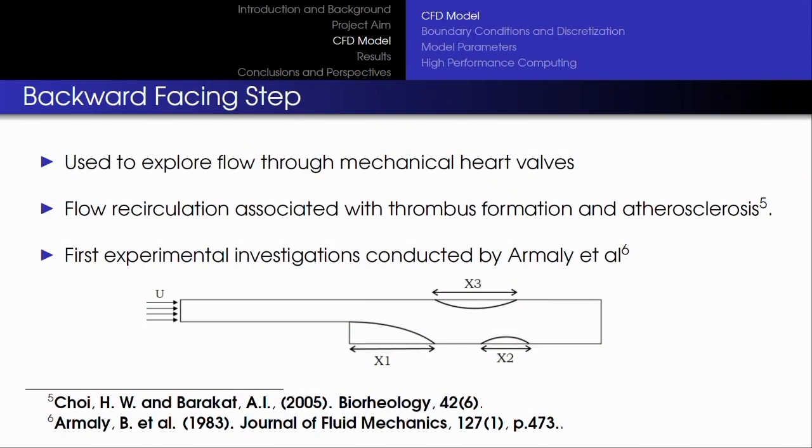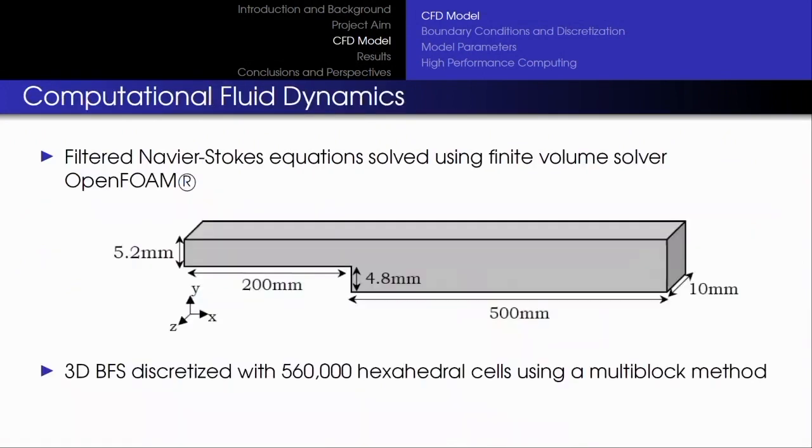The first investigations were conducted by Armaly, and he said that with increasing Reynolds number we get a variety of recirculation zone lengths developing downstream of the step. So we solve the filtered Navier-Stokes equations. We use LES, and we use the finite volume solver OpenFOAM, and we have a 3D domain, and we discretize with hexahedral cells using a multi-block meshing method.